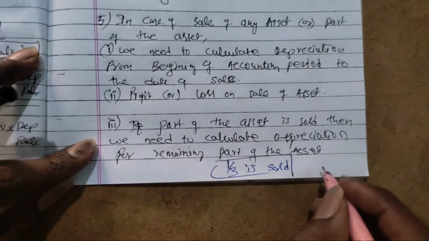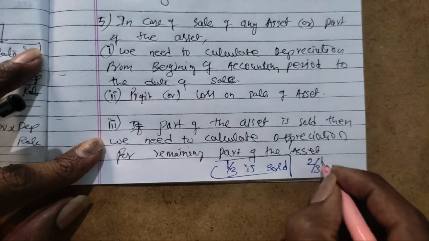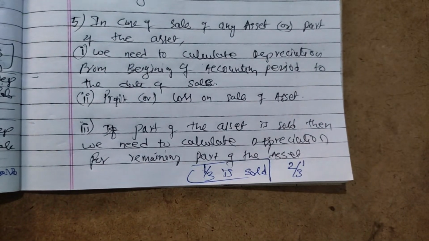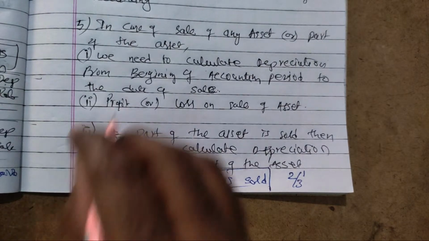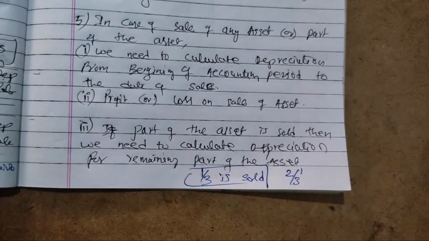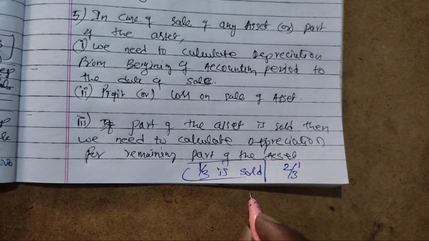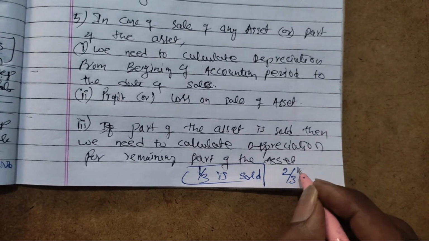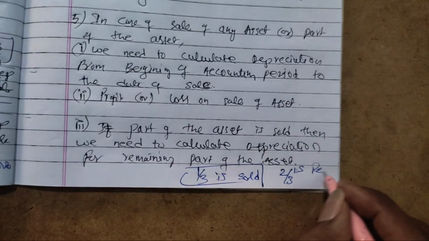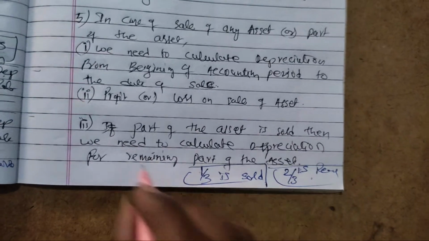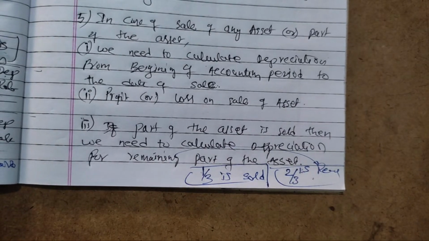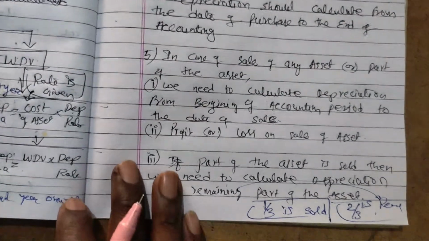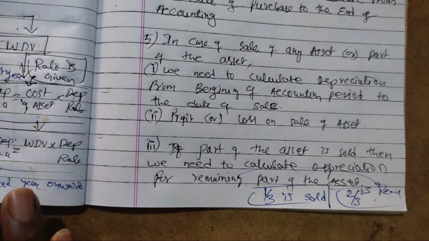So how much is left over? Remaining will be 2/3, right? So this remaining 2/3 we need to calculate depreciation at the end of the month. So without wasting further more time, please write these points quickly.